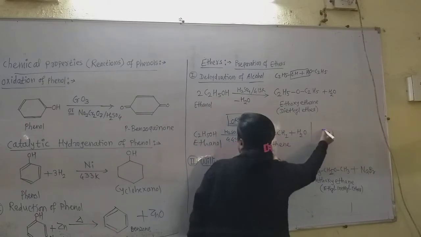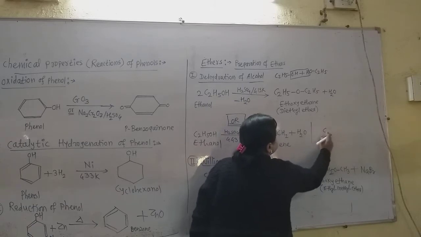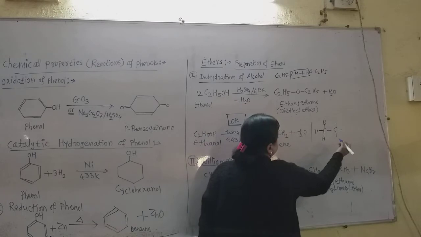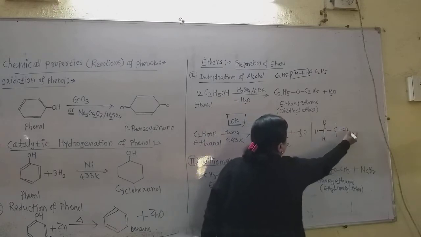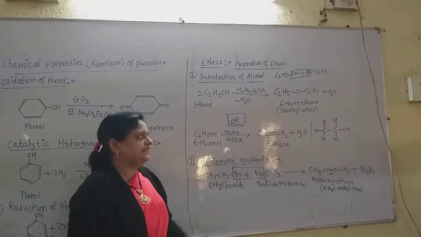Suppose this is ethyl alcohol, CH3, I write here this CH3 in this way, H, CH3, CH2 and OH. Now suppose this OH is here, this CH2. Now this is the ethanol, I write the ethanol in this way.